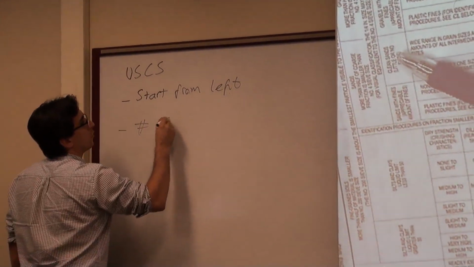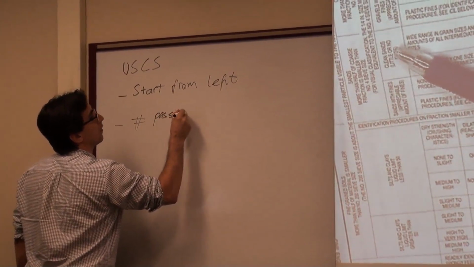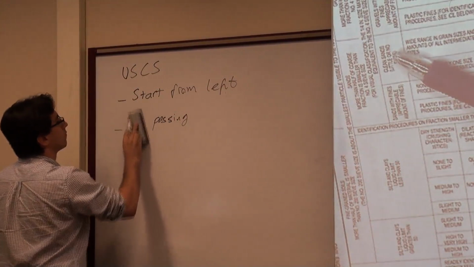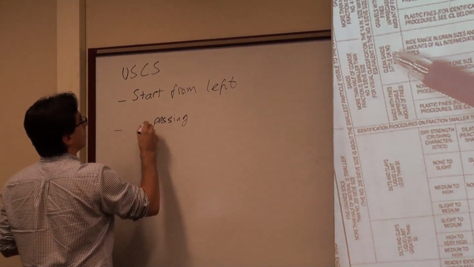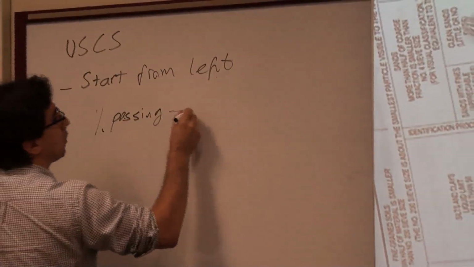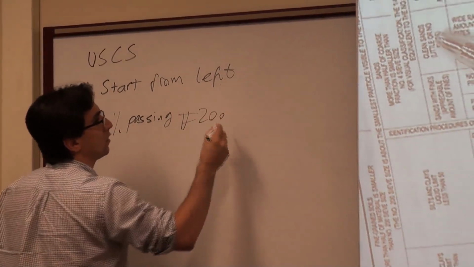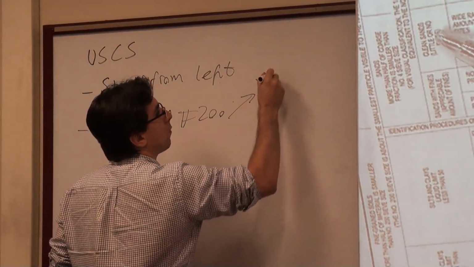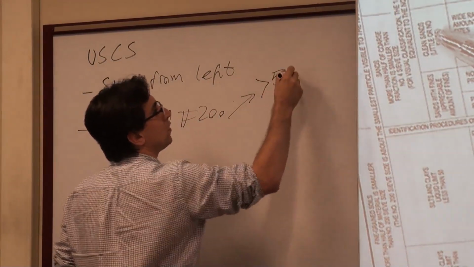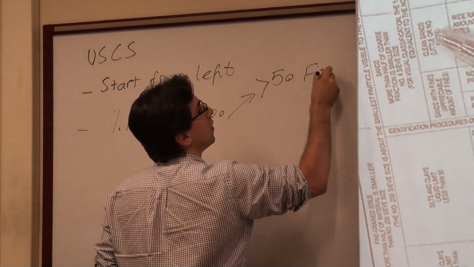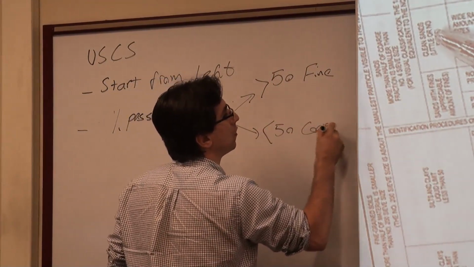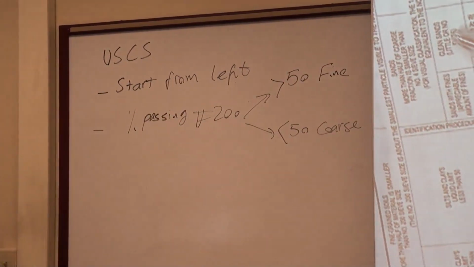Percent passing sieve number 200. If passing is greater than 50%, it is fine. If it's less than 50%, it is coarse. It means that's the first thing that you have to look at.